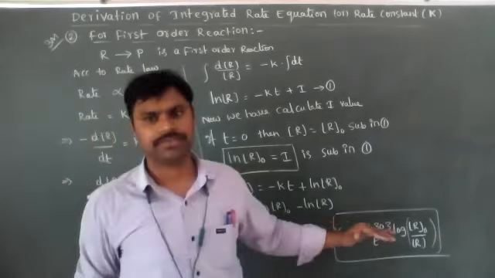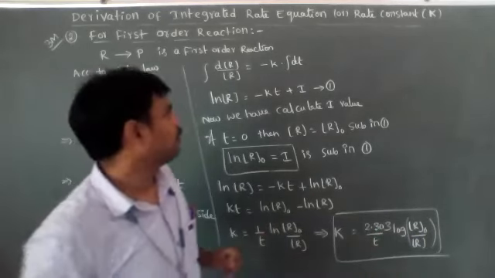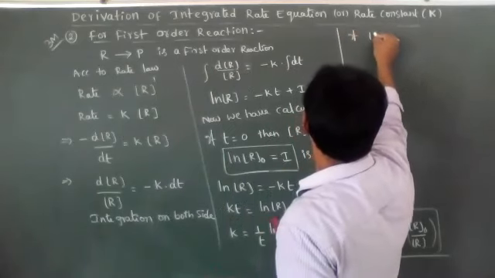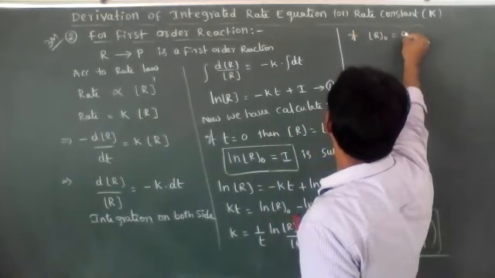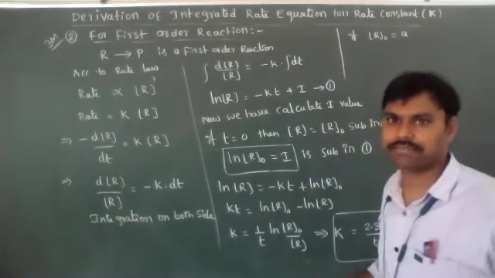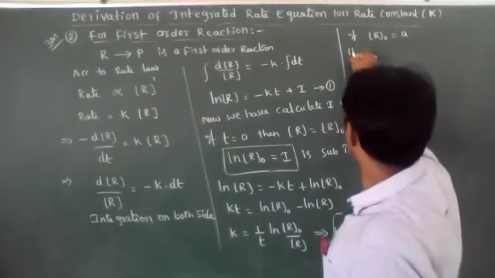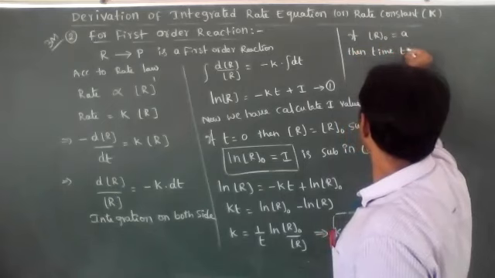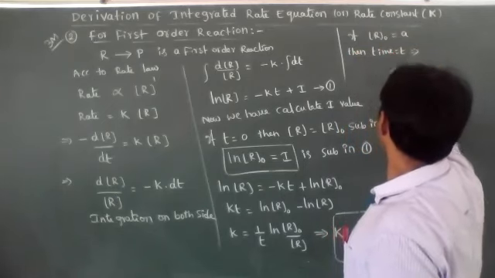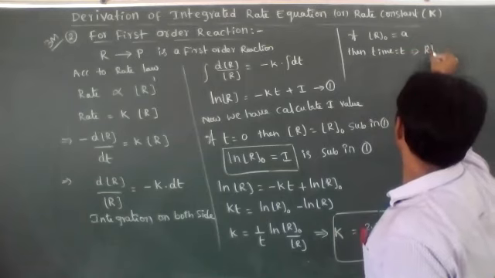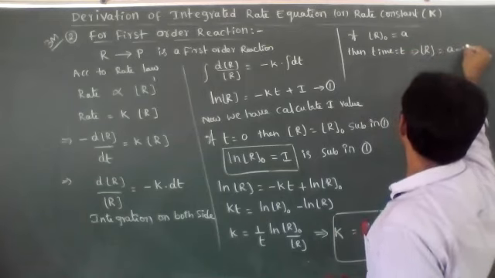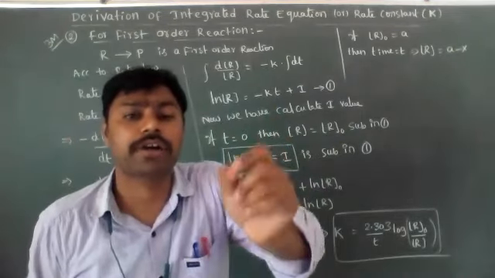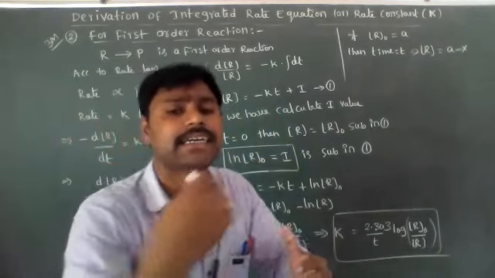Now this equation we can express in another way. If R naught, the initial concentration, is considered as A, and the time equals t, then the final concentration R equals A minus X, where X is the amount of product formed or amount of reactant decomposed.